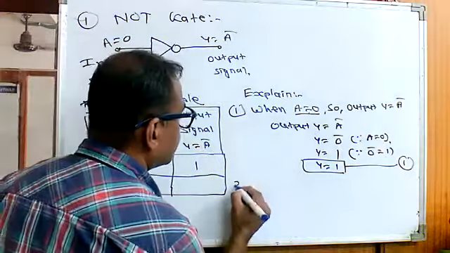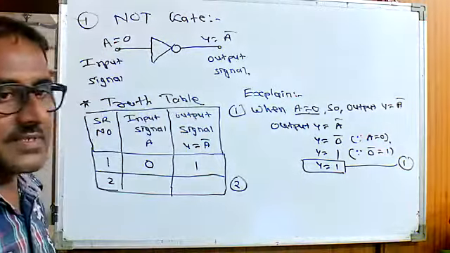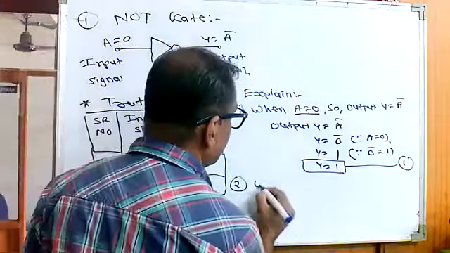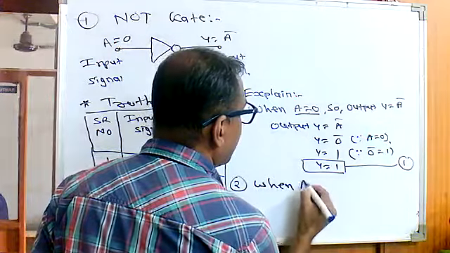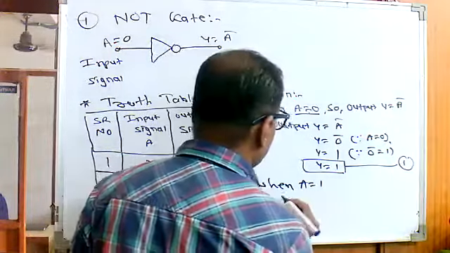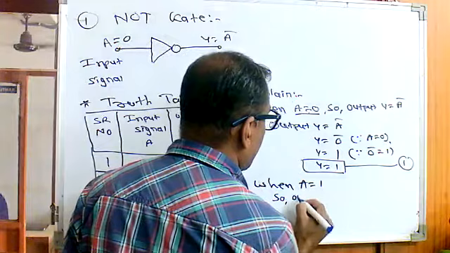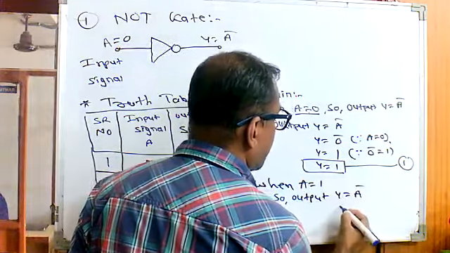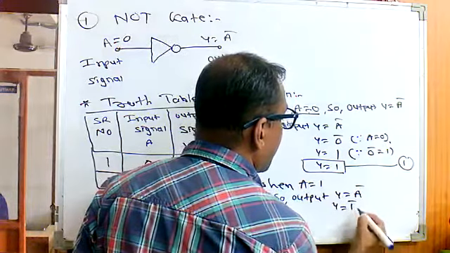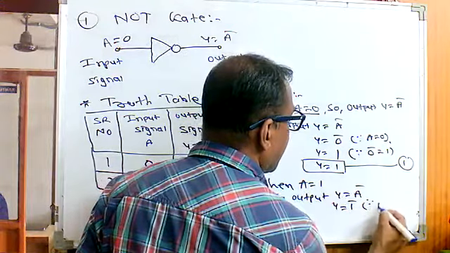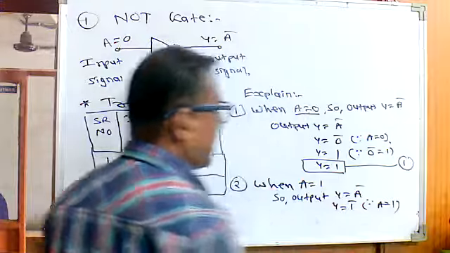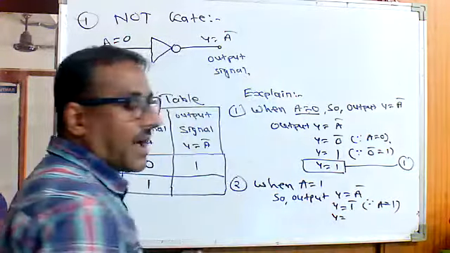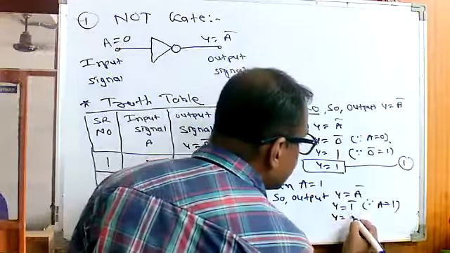Then the second condition. When input signal is 1, when A is equal to 1, output Y is equal to A bar, so Y is equal to 1 bar. 1 complement is 0.